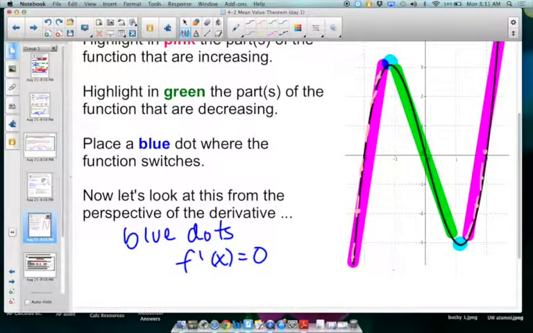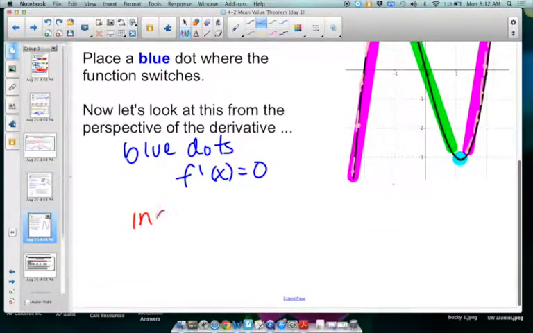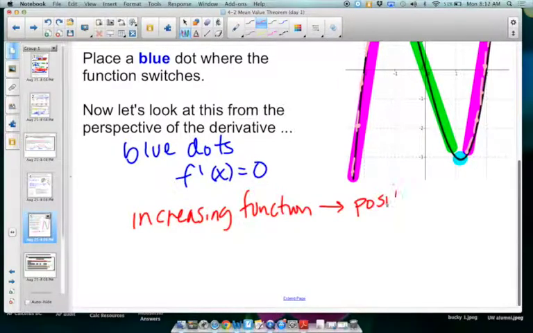All these tangent lines, what kind of slope do they have? They all have positive slope. So if a function is increasing, what's true? Ladies and gentlemen, positive slope.